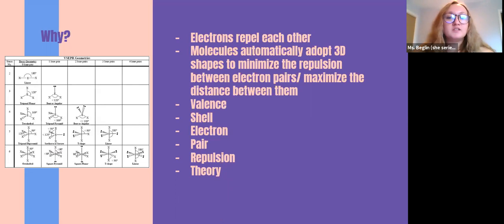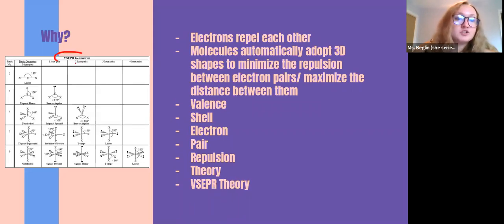We call this valence shell electron pair repulsion theory because we're talking about the repulsion between electron pairs in the valence shell, or VSEPR theory. So you'll commonly see these geometric designations referred to as VSEPR geometries.